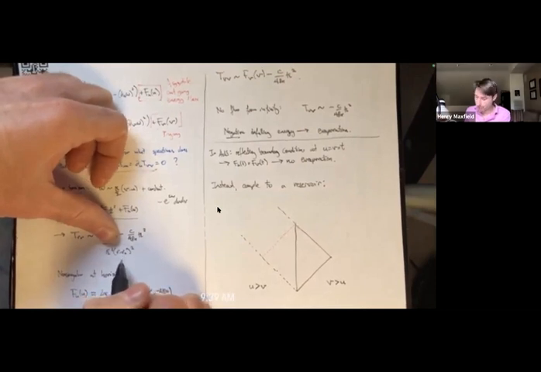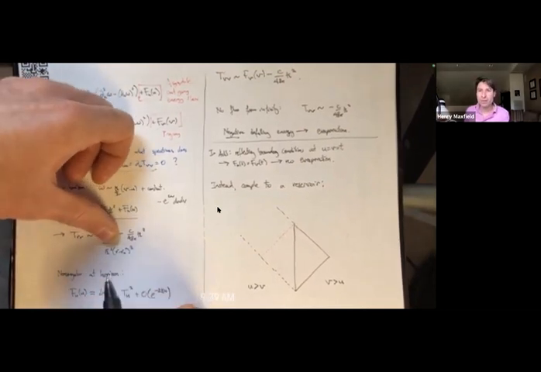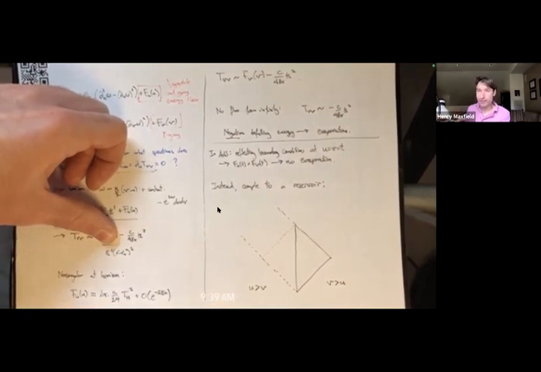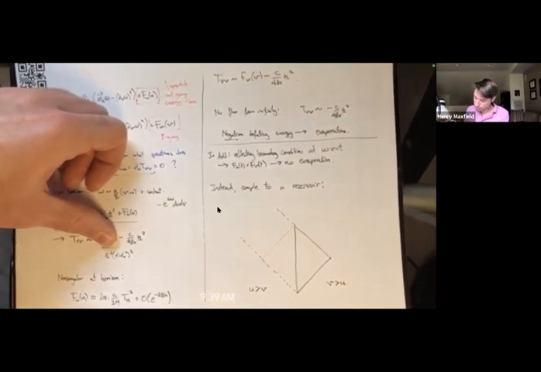It has this kind of singularity. So if there wasn't energy flux at infinity, then the state would be singular at the horizon.